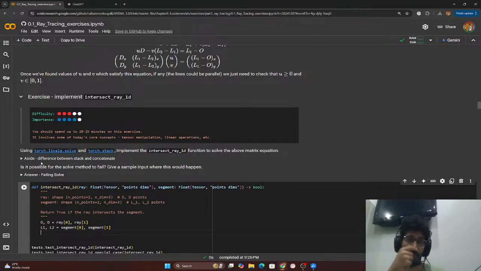Right, so now we need to stack. If you think of this as x equals p, then A and B, let's do B first. B would be L1 minus O, right? I guess we can ignore the z coordinate.